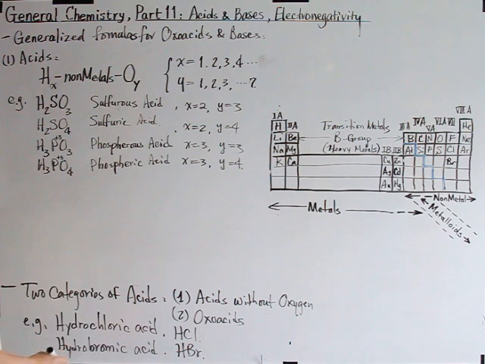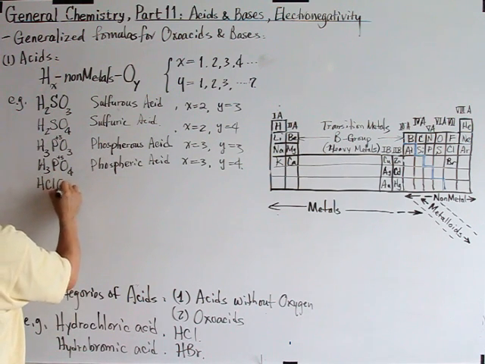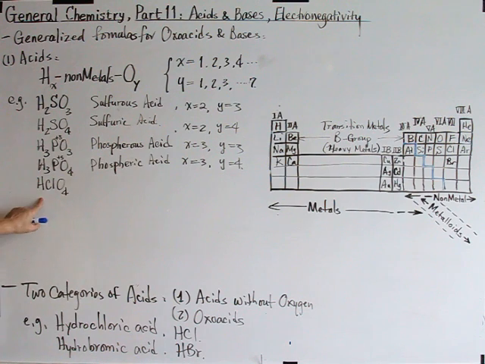For instance, perchloric acid, HClO4, could be considered the strongest acid ever.